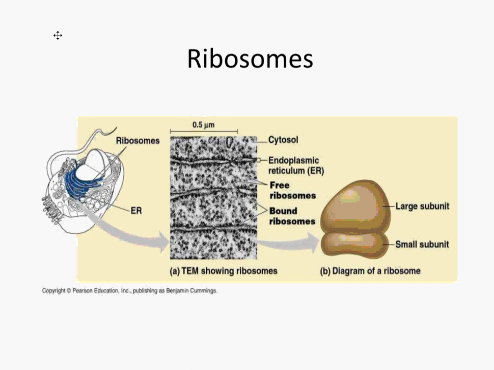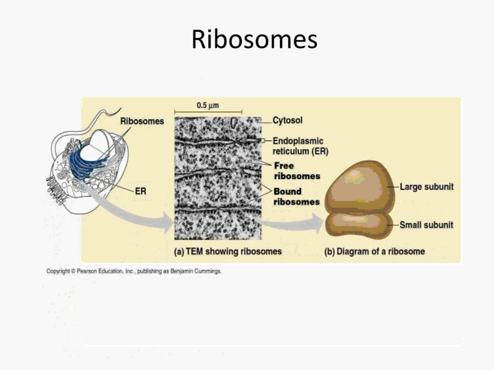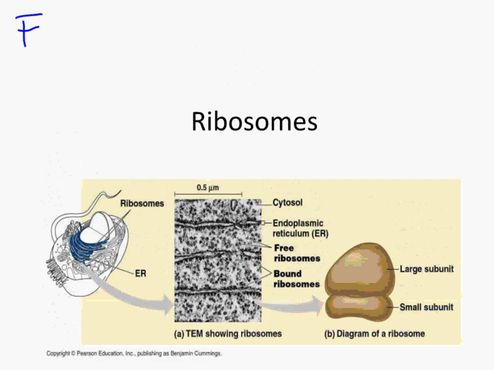There are two types of ribosomes found in the cell. There are free ribosomes, and free ribosomes are free-floating in the cytoplasm. The proteins that they make are going to stay inside the cell.